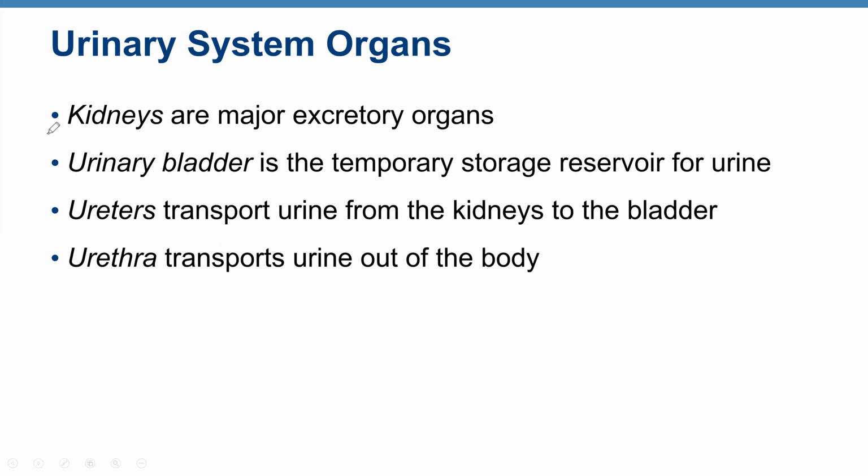Those organs include the urinary bladder, the temporary storage reservoir for urine, ureters that transport urine from the kidney to the bladder, and the urethra, which transports urine out of the body. So the major organs are kidneys, and the supporting organs for transportation and temporary storage of urine are the urinary bladder, ureters, and urethra.